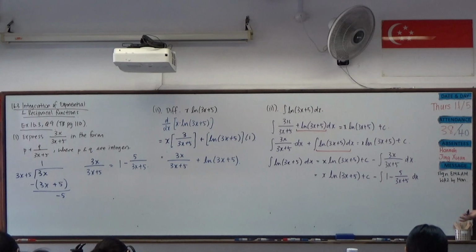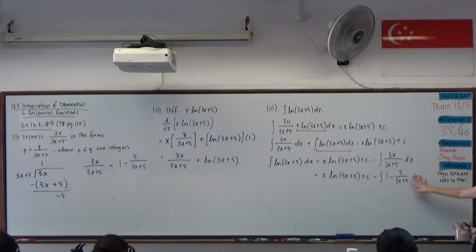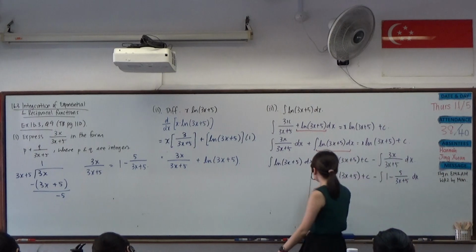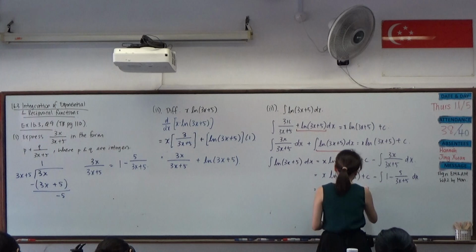For tidiness and better organization, you may want to take this out and separately integrate first. Or if you don't want that, you want to do it all together, that's fine as well.